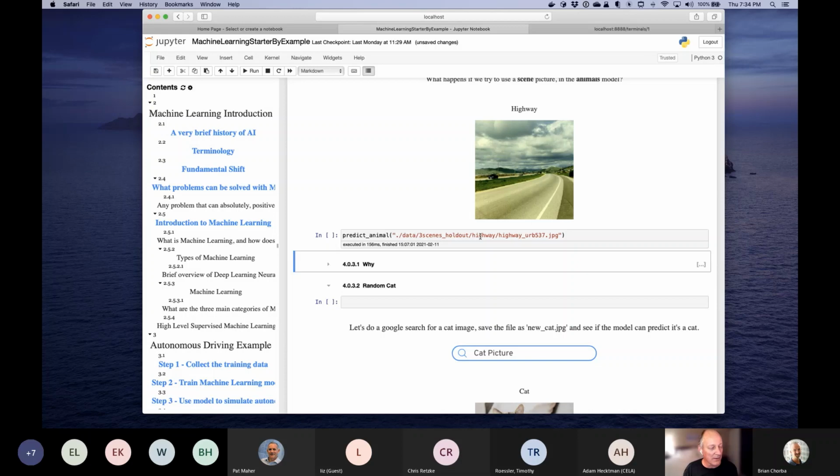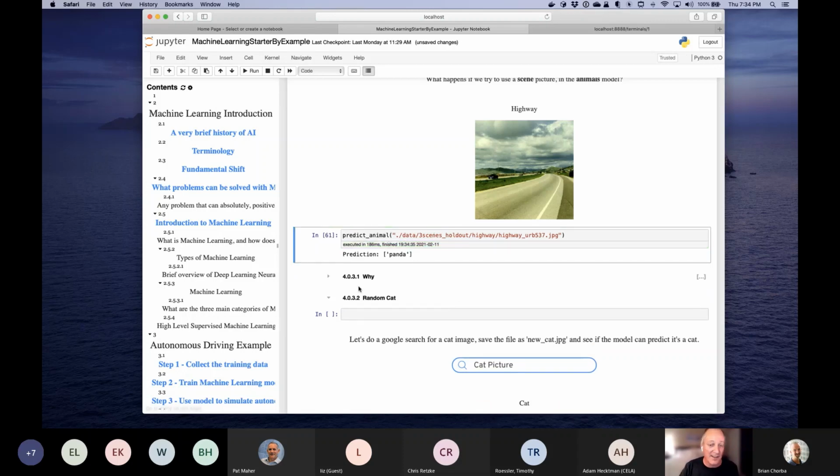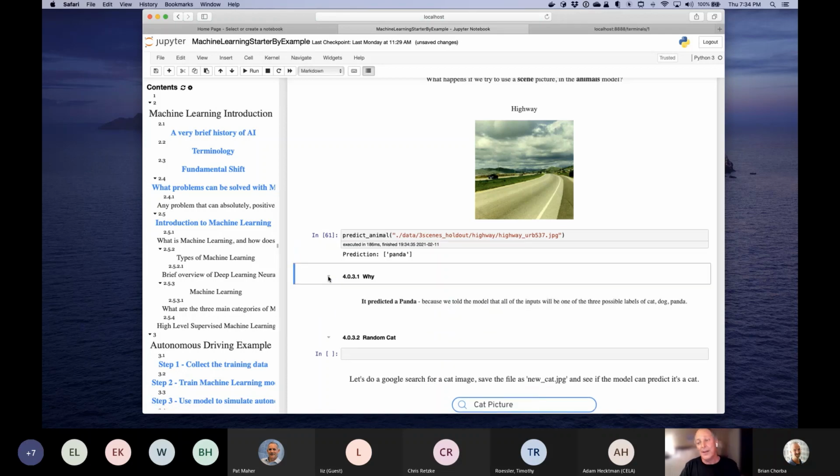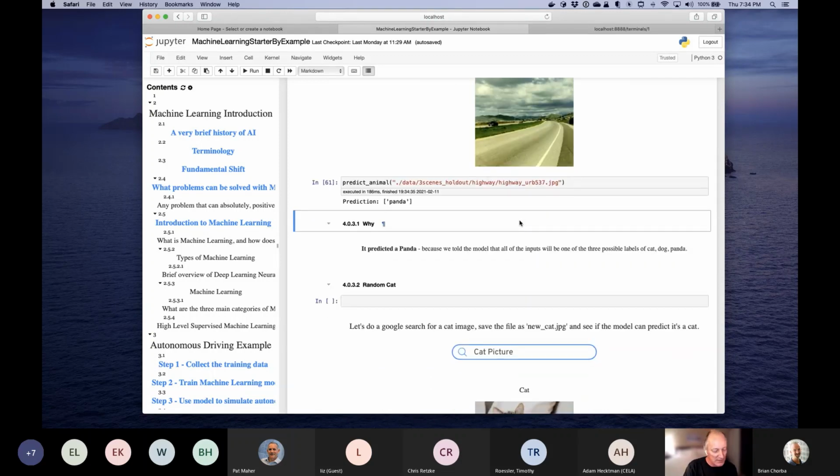If we give it anything else, it's going to do its darndest to say that that is some kind of animal because it's very narrow in scope. And so in this particular case, it actually says, well, that road is most like a panda. And my guess on that one is that there's a fair bit of light color in this one. Again, this is also why we go over what data went into the model.